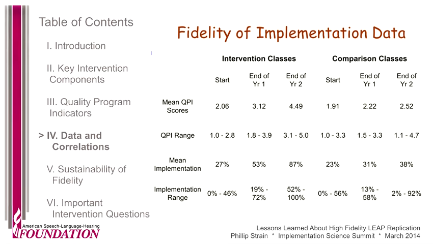And as you can see, at start, people are implementing, a way to read that, on average, about 25% of LEAP practices. After 1 year, about 12 days of intensive coaching, the intervention classes are implementing about half of what we'd like them to implement.